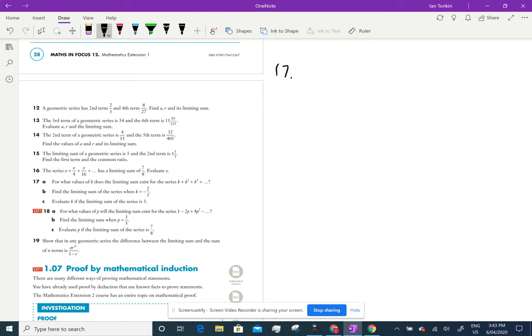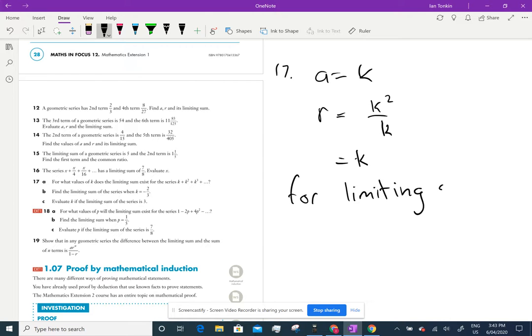17. For what values of k does the limiting sum exist? Okay, so a equals k. R equals k squared on k, which is k. Well, for a limiting sum, the absolute value of r must be less than 1.